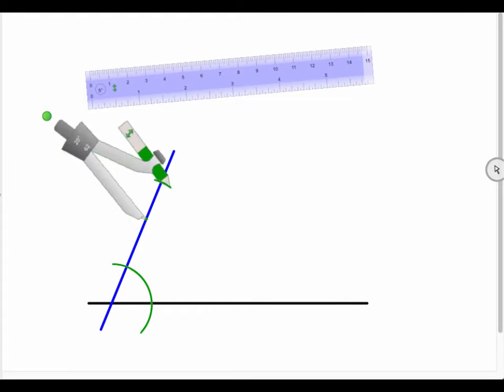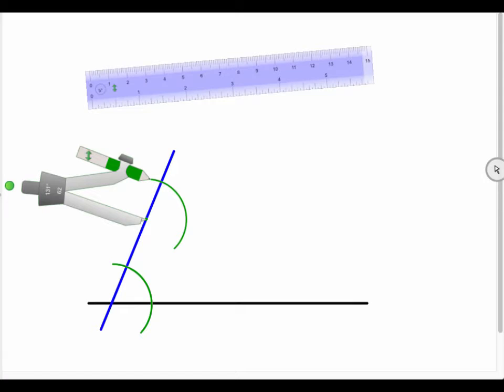And now I'm going to make another sweep. Make sure that your sweep is long enough. Okay? So, give you guys a second to draw that as best you can with those compasses you have.